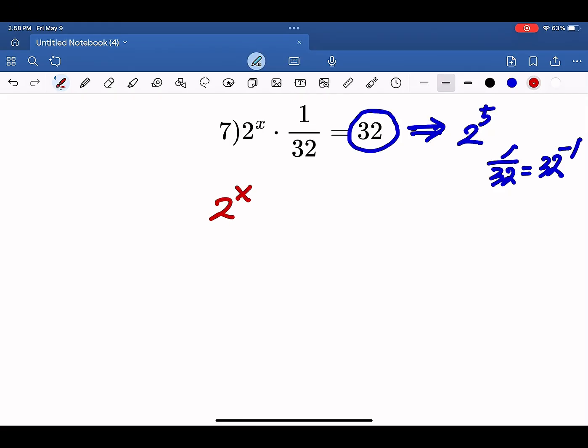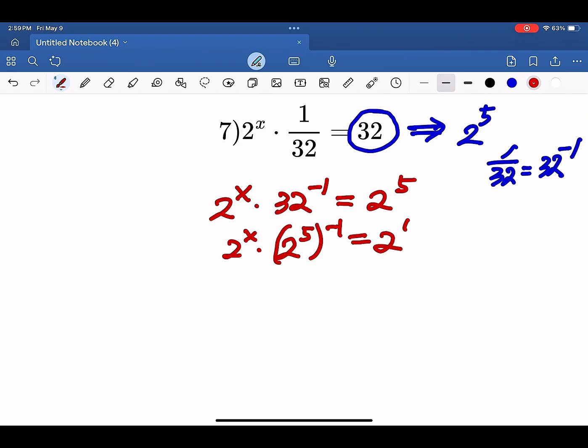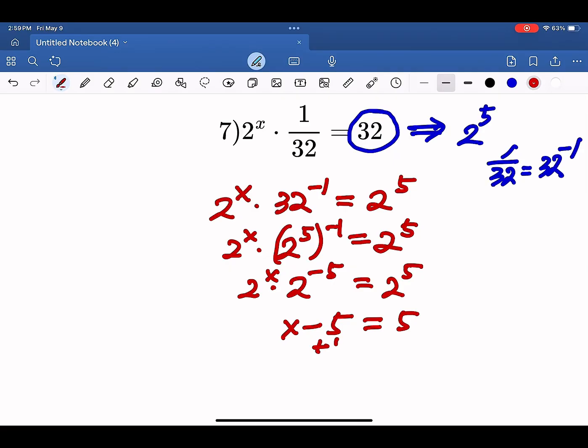So 2 to the x times 32 to the negative 1 power equals 2 to the 5th power. 32 is 2 to the 5th power. 5 times negative 1 is negative 5. So on the left-hand side, x minus 5 equals 5. Now you add 5 to both sides. x equals 10.